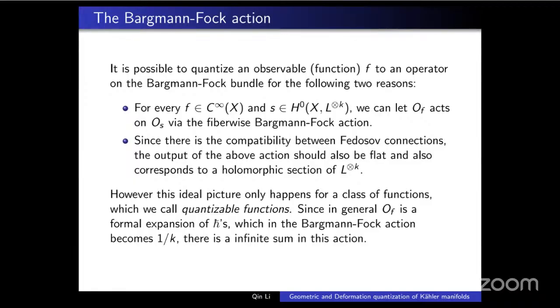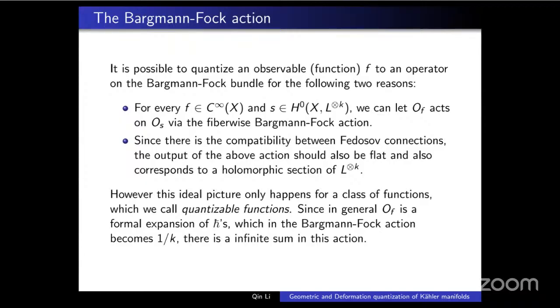Now, however, this ideal picture only happens for a class of functions, which we call quantizable functions. It might be a little bit confusing, because I have seen in the literature many different quantizable functions, defined by different mathematicians.